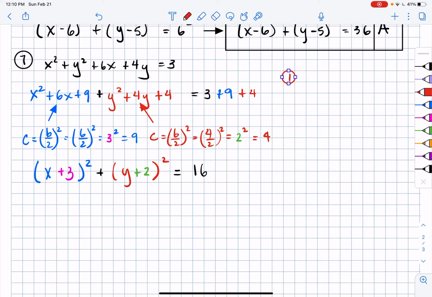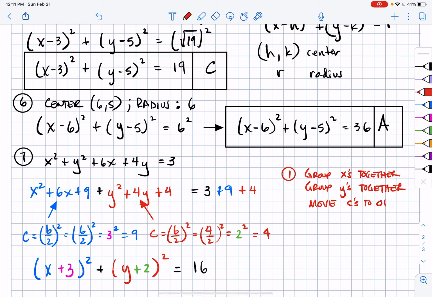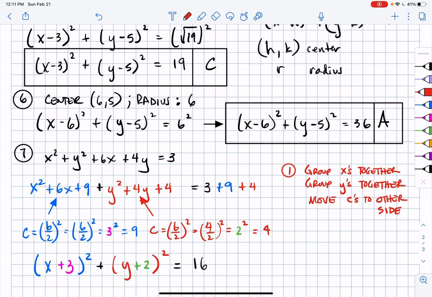We had to group x's together, group y's together, and move the c's to the other side. Okay, so that was the first thing we had to do.